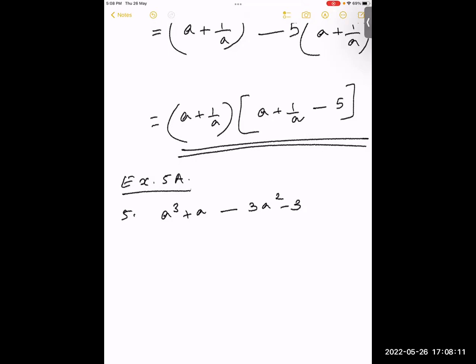You can try grouping. Don't try to get the grouping right the first time itself. You can try, strike it out and do it. Once you practice, you will get that automatically.